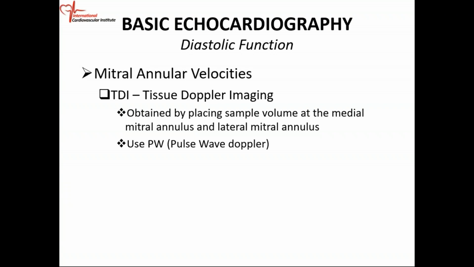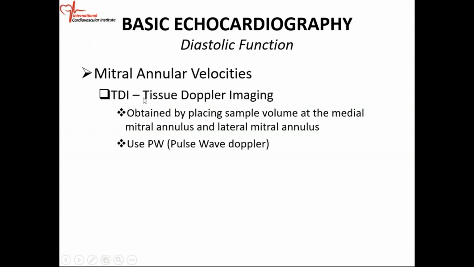It's supposed to move with a certain excursion, a certain amount of displacement, that's distance, and it's also supposed to move with a certain amount of velocity. So if the velocity or the displacement is off, then you have a problem with your diastolic function.